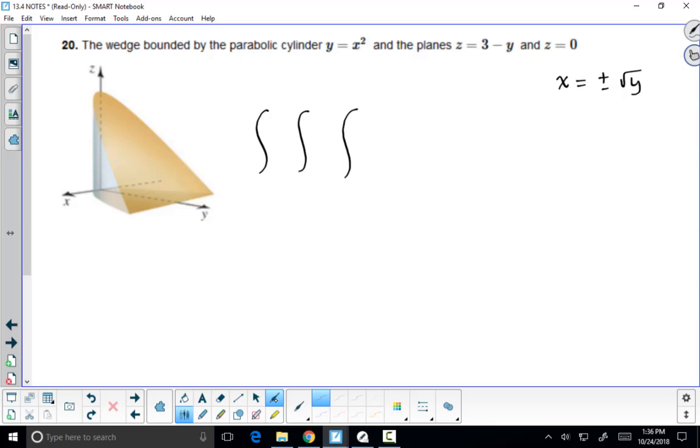So remember that the limits of the integral represent the solid. It's the function in here that is going to mess stuff up if the function is positive or negative. It doesn't matter if the region itself is in the negative or positive area. That's not going to change volume.